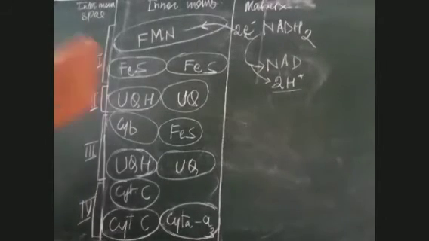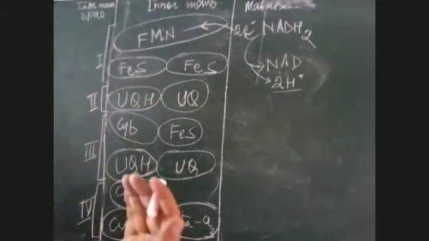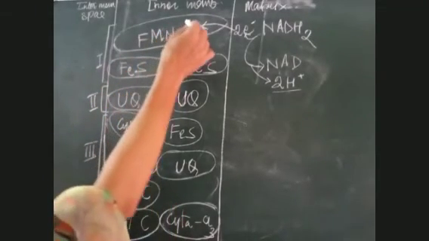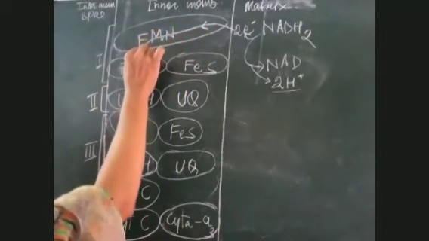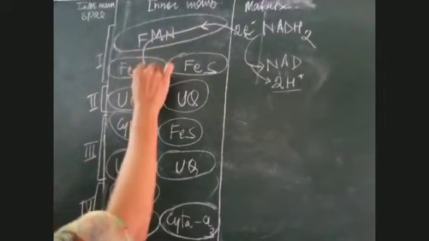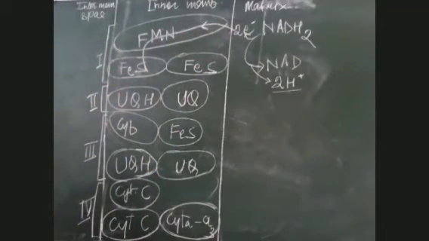So here it has gone to the first electron acceptor of complex 1, which is FMN, and from FMN it travels to the next acceptor, which is FeS. As the electron is accepted by FMN and travels through it, a lot of energy is released.